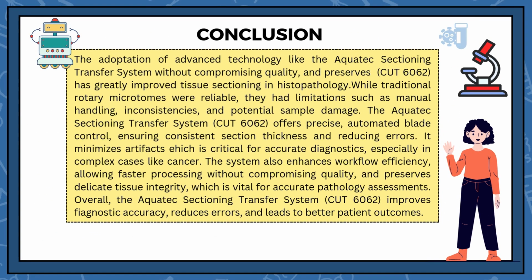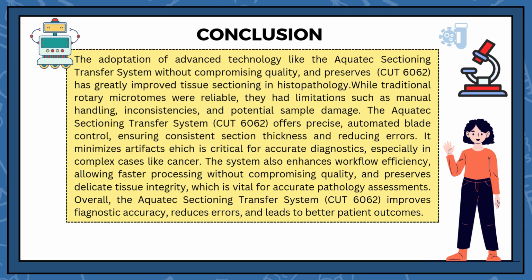In conclusion, the adoption of advanced technology like the aquatic sectioning transfer system (CUT 6062) has greatly improved tissue sectioning in histopathology. While traditional rotary microtomes were reliable, they had limitations such as manual handling, inconsistencies, and potential sample damage. The aquatic system offers precise automated blade control, ensuring consistent section thickness and reducing errors.